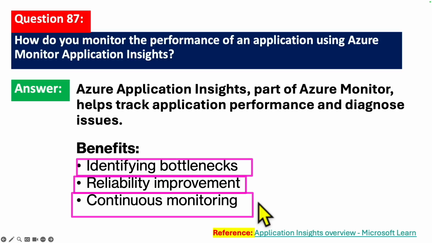Azure Application Insights facilitates continuous performance monitoring in production environments, ensuring the application remains stable and performs optimally. One example of where you can use it is in web applications. You can monitor web applications to ensure they are responsive and reliable, identifying issues such as slow page load times or any sort of failed transactions.